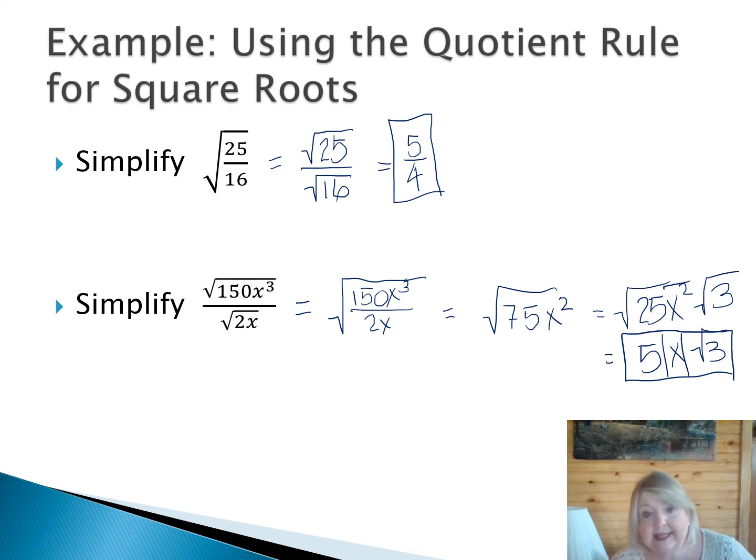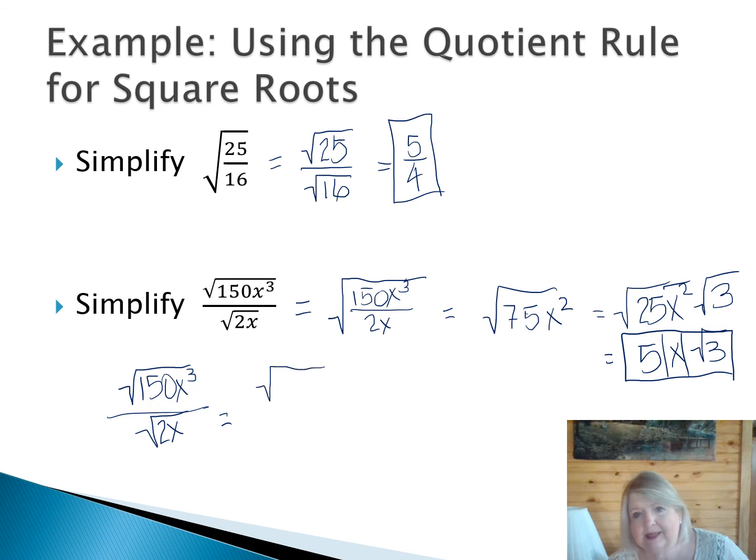All right, the second way to work through this, and my lazy man way, which again, I do because it kind of works out the same, but when I'm working a problem in my head, to me this just feels a little easier. I notice that the 2x is a factor of 150x cubed.